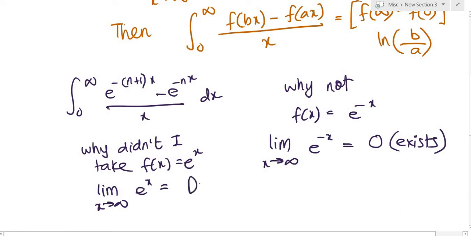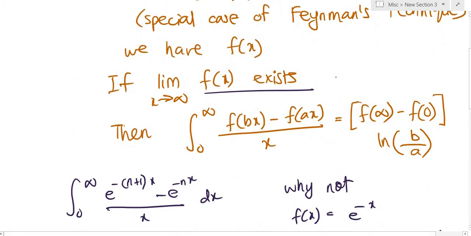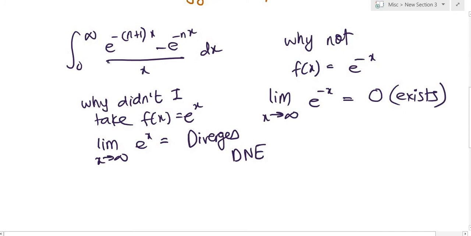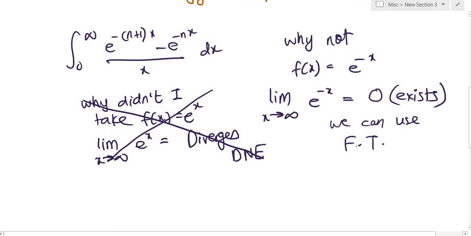So it diverges, it doesn't exist, and the first condition of Frullani's theorem is unsatisfied. That's why we can't take e raised to x. We have to take e raised to negative x, because it goes to 0 as x goes to infinity. The limit exists, and we can use Frullani's theorem. So I hope I'm clear over here.